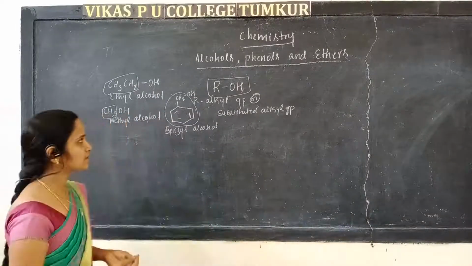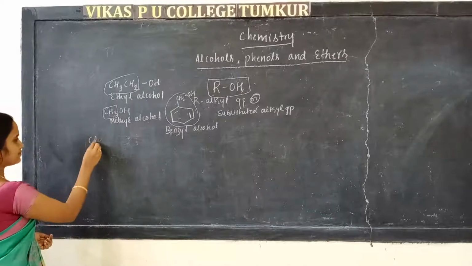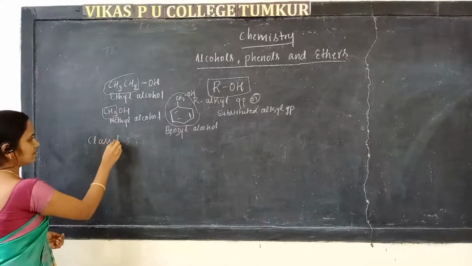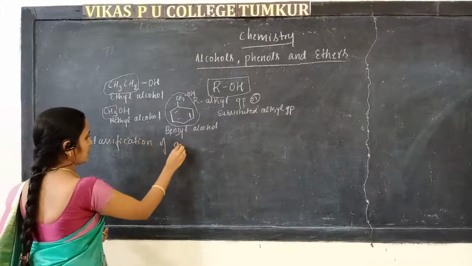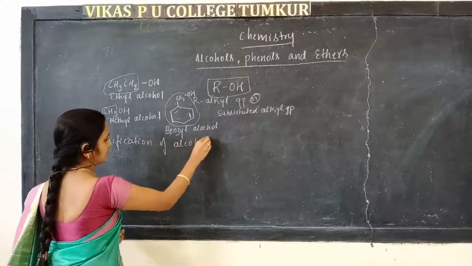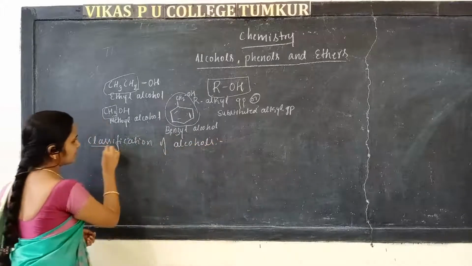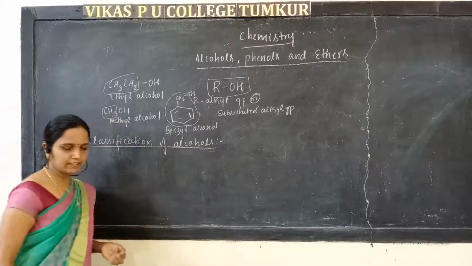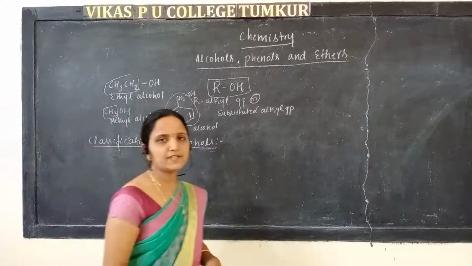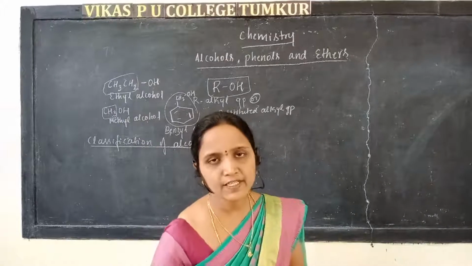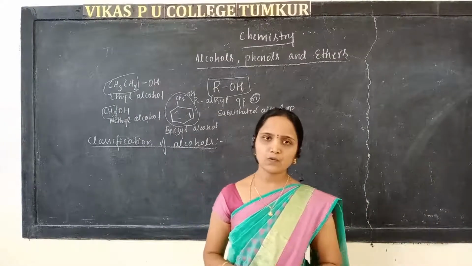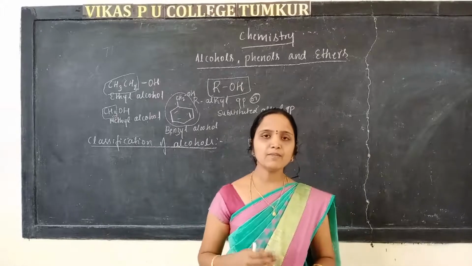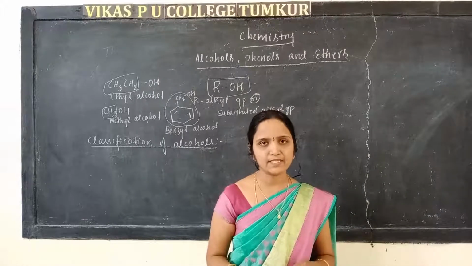Now we are going to discuss the classification of alcohols. The classification of alcohols is done in different ways. Now we are going to discuss the classification of alcohols based on the number of hydroxyl groups present in the compound.